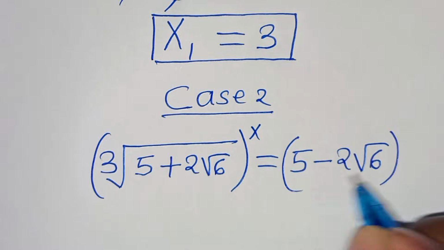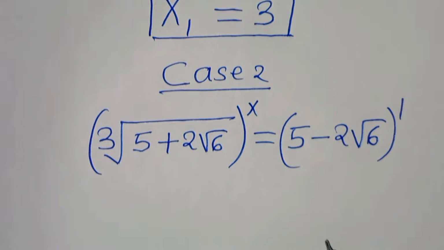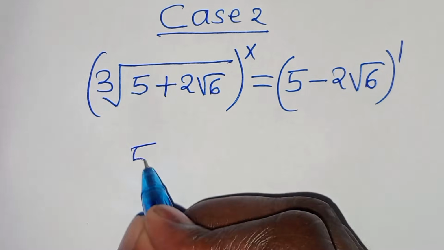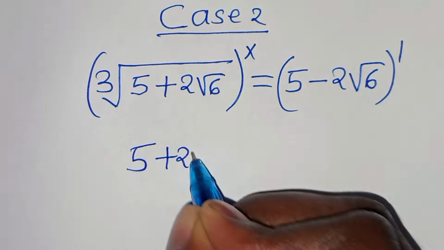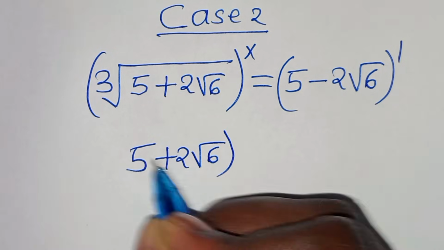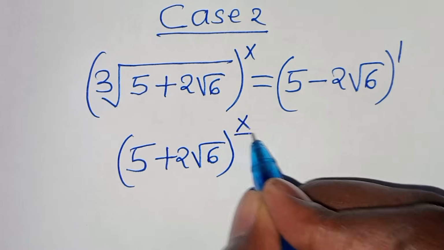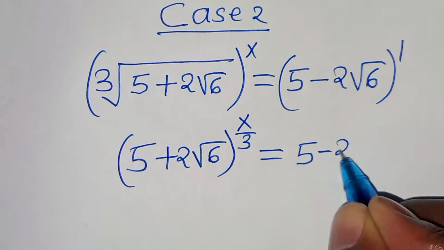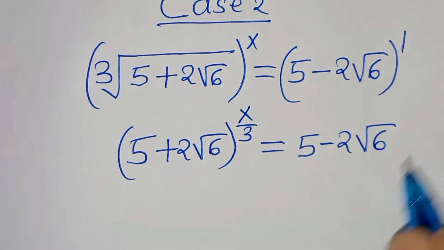Remember, this is raised to the power of 1. We can express this as 5 plus 2 root 6 raised to the power of x over 3. This is equal to 5 minus 2 root 6.